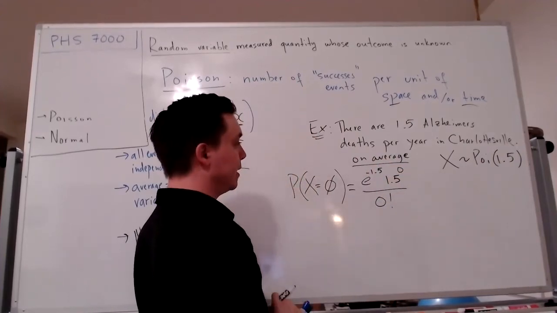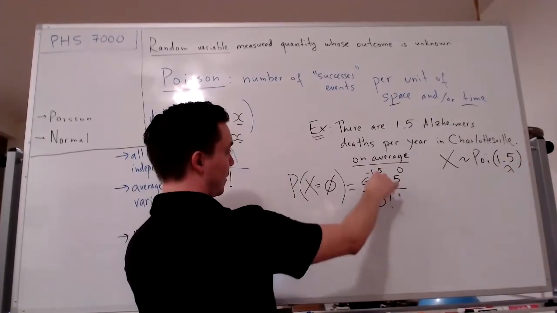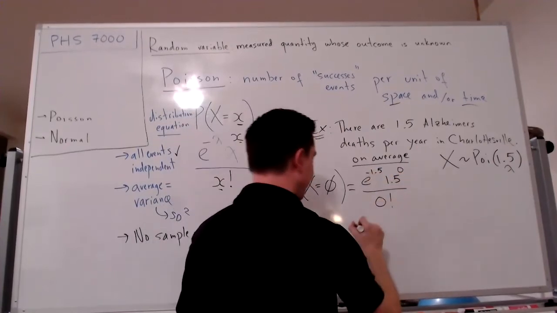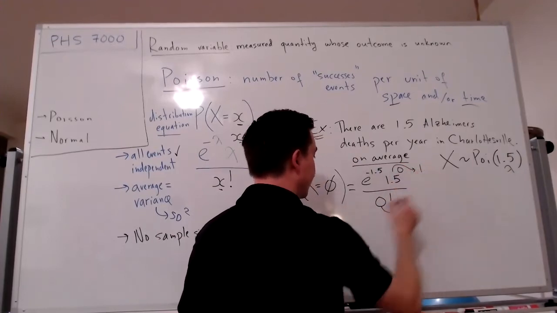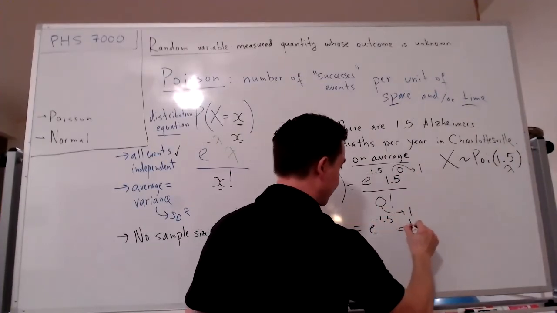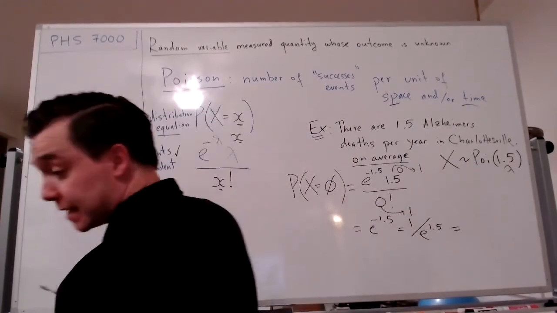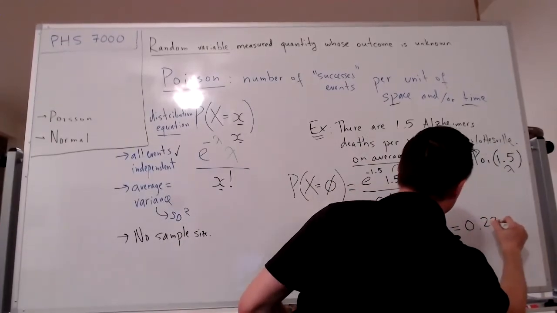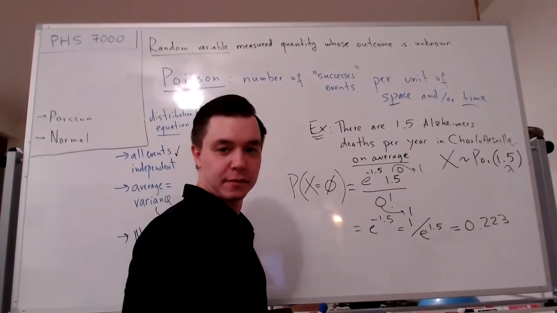We know that 0 factorial is 1, and anything to the power of 0 is 1. So this is e to the negative 1.5, which is the same as 1 over e to the power of 1.5. And this computes out to 0.223, about 22%, about 1 out of 5.